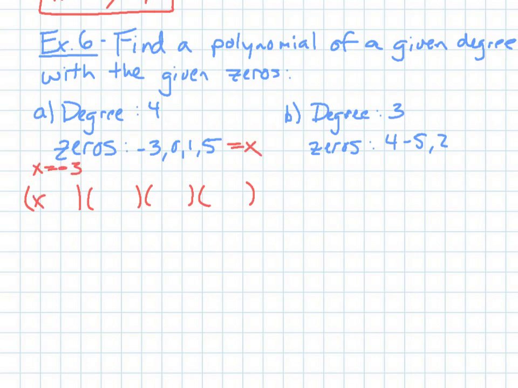Doing that would get you x plus 3, and then x minus 0, and then x minus 1, and then x minus 5. And that should equal your polynomial. For the x minus 0 one, you could just write x if you'd like.